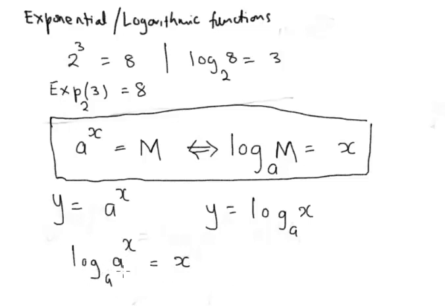Then on the other side, starting with a log, log base a of x, that is what you have done. Then you take a to the exponent of that, and you get x.